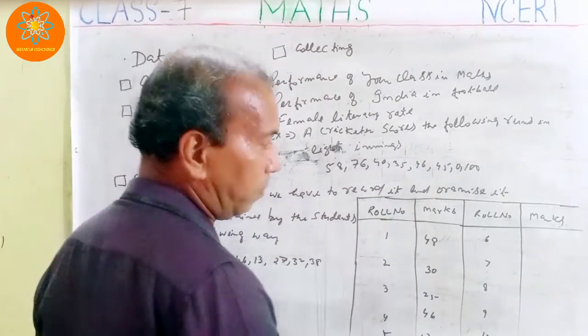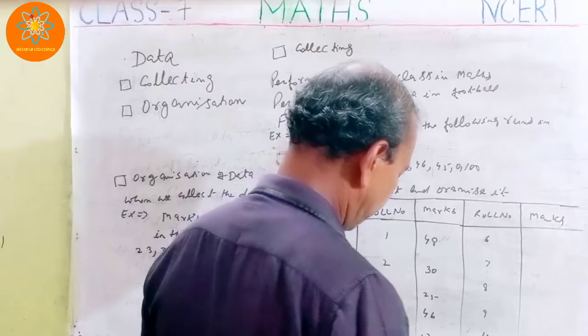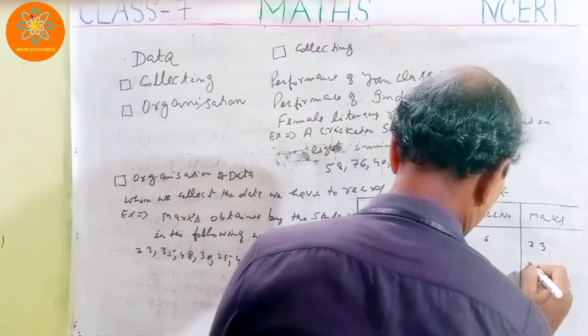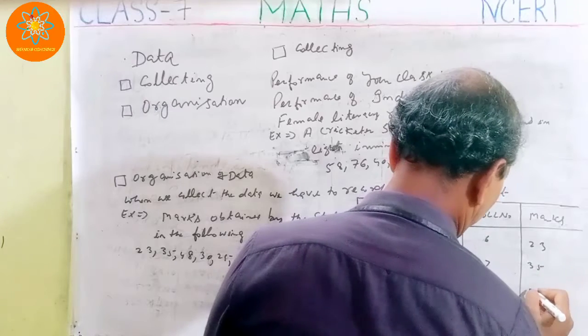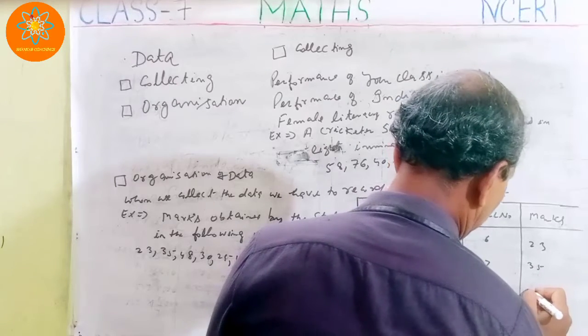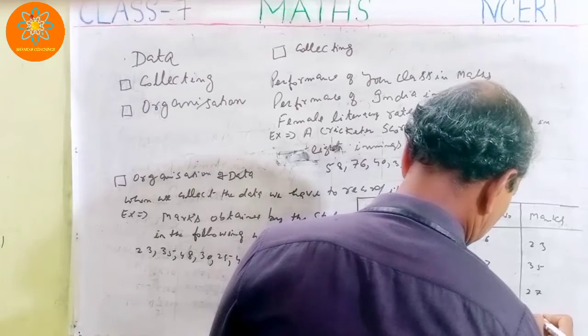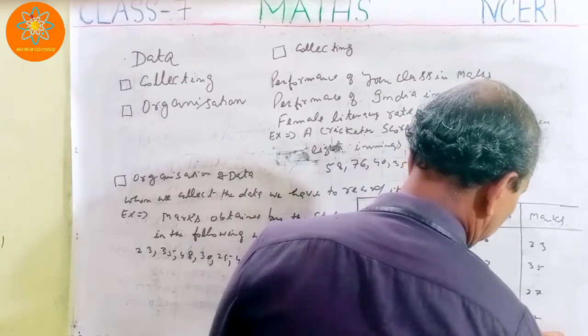Similarly, for roll number 6, 7, 8, 9, 10, it is 23, 35 and then 27, 32 and 38.